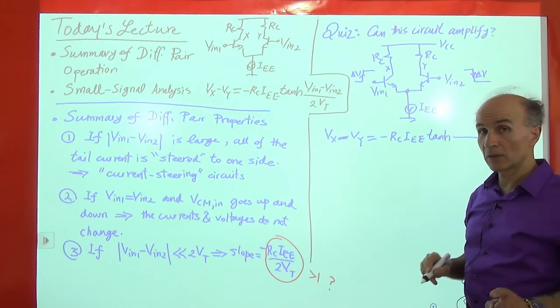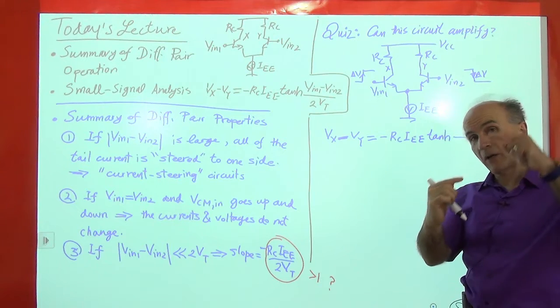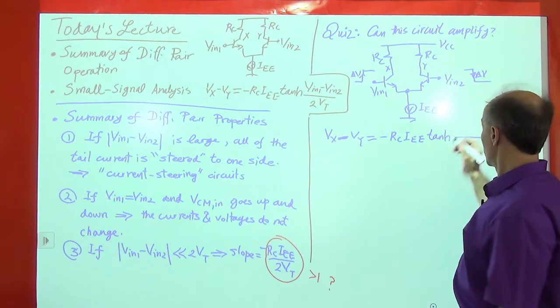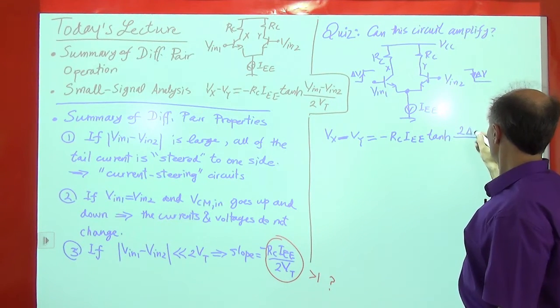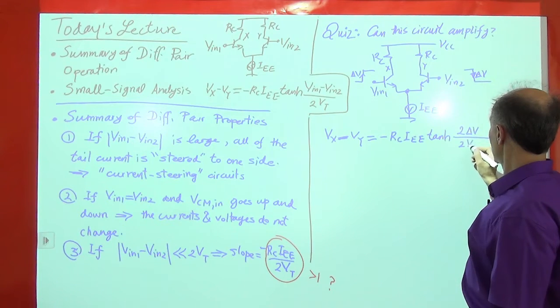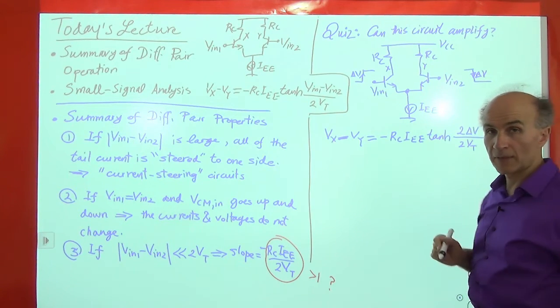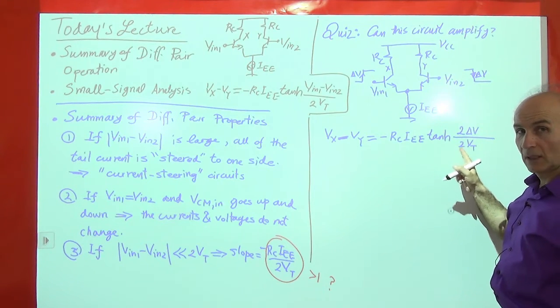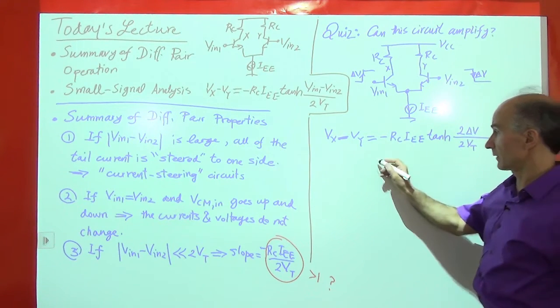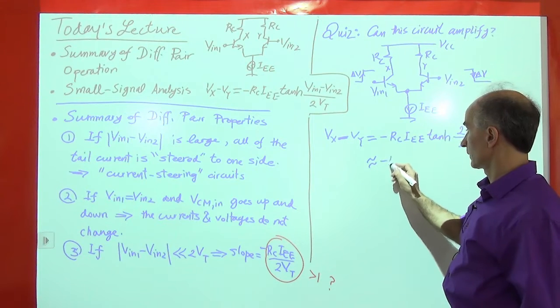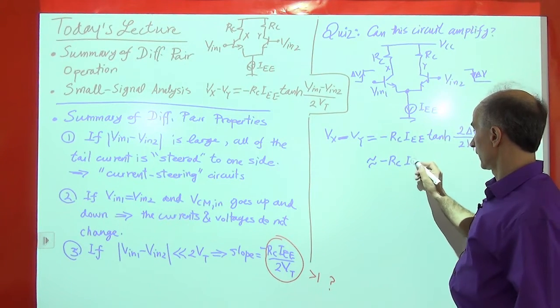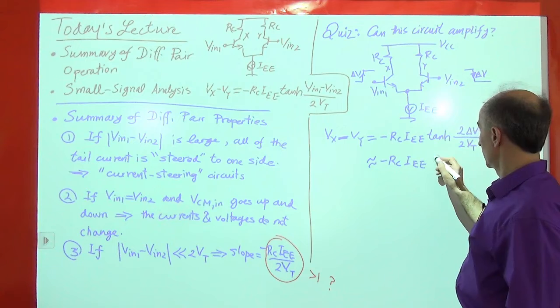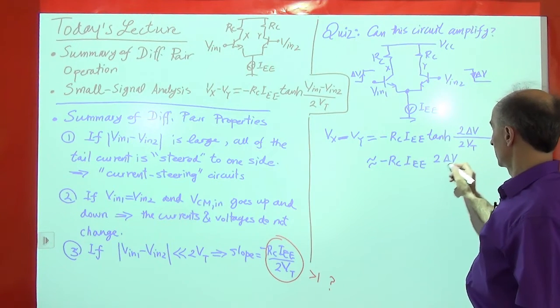So it used to be 0 because they were equal, but now they have a difference of 2 delta V. So 2 delta V divided by 2 Vt. And assuming that this 2 delta V is much less than 2 Vt, I can approximate the hyperbolic tangent. So that's approximately equal to minus RC IEE 2 delta V over 2 Vt.